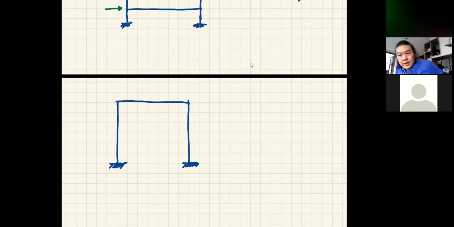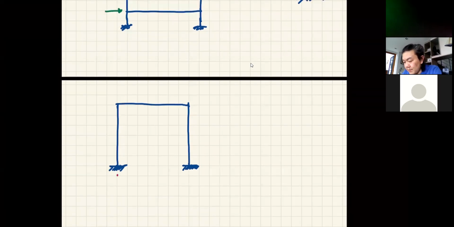Now, in the past semester, you would know that you will have a lot of reactions, right? Because this is a fixed support. So how many reactions are we gonna have? 1, 2, 3, 4, 5, and 6. Okay, 6 reactions.